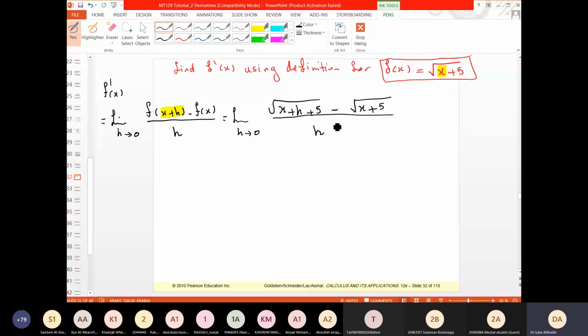What should I do now? Down there I have h. Okay, we multiply with the conjugate.